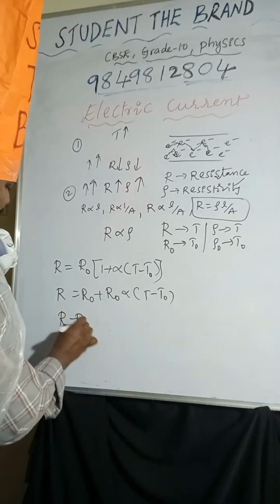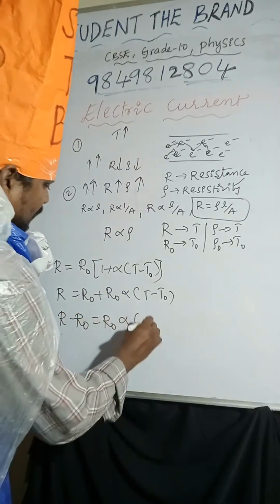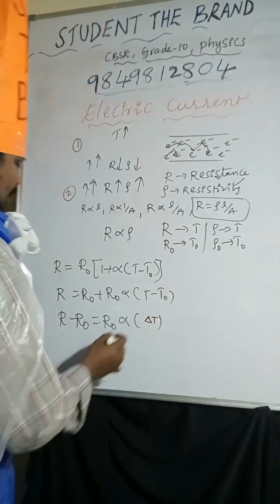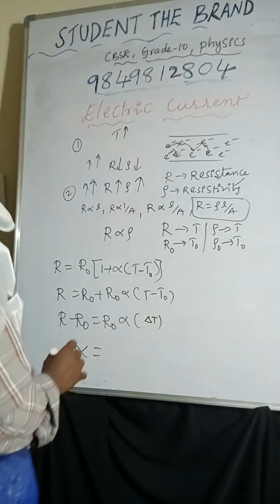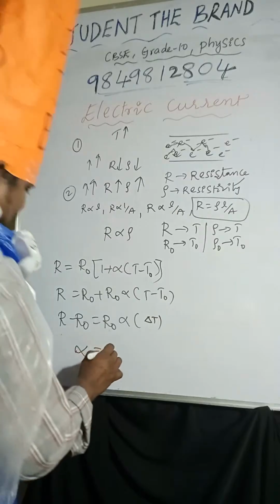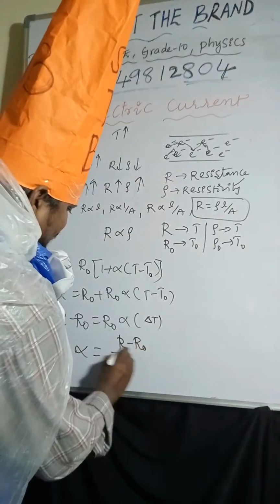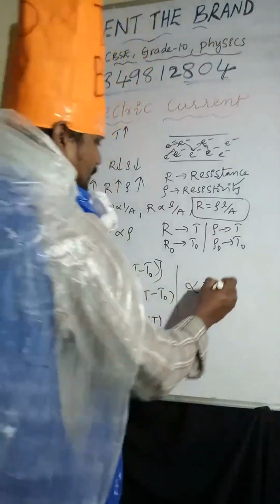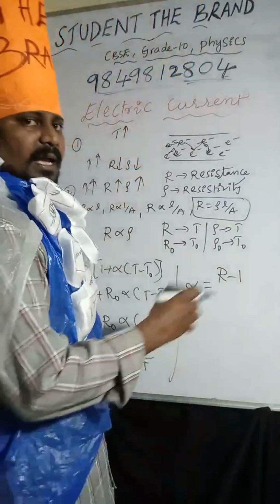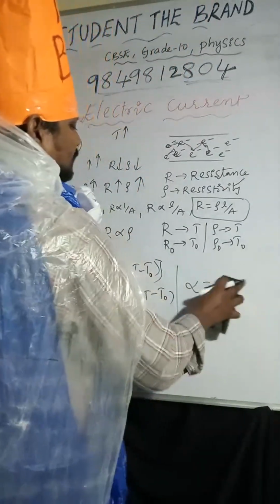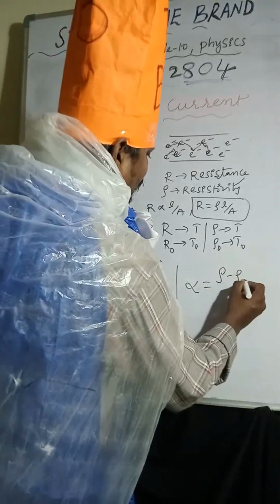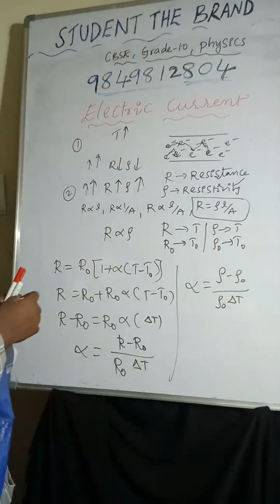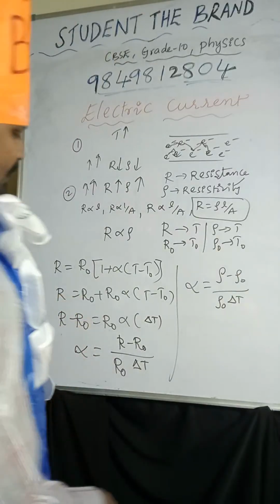Then R minus R naught equals R naught into alpha into delta T. So alpha is the temperature coefficient of resistance: alpha equals (R minus R naught) by R naught delta T. Similarly for the temperature coefficient of resistivity, we can write it for rho because it is directly proportional: (rho minus rho naught) by rho naught into delta T. So that's enough. That is about temperature dependence of resistance.